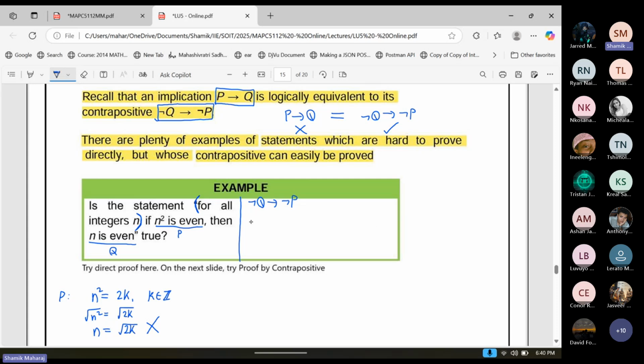So we'll start with n is odd. That's not Q, and that implies not P. P says n squared is even, so not P will say n squared is odd. Right, that's the opposite. So this is the new thing now to prove. If we can prove this, it's as good as proving the original. And that's the thinking behind this.